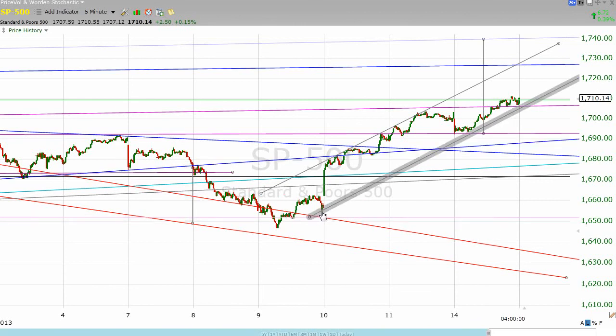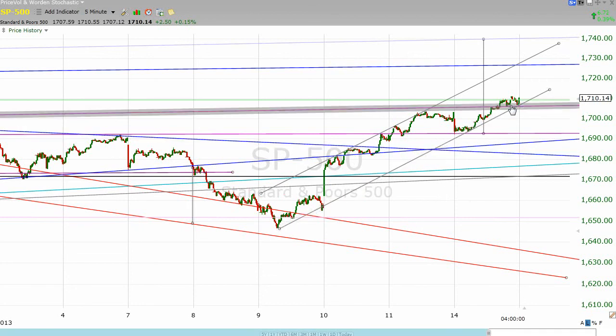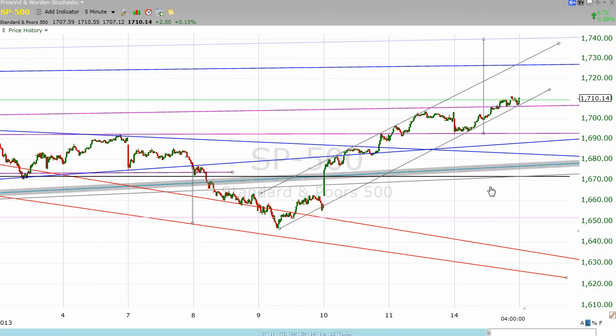Well, I had it set up with this end of the day low, but you can see very clearly here that if we move this just a tad to line up with our bottom back here on the 9th and let that fall underneath, it sure looks like this is the pitch that the market wants to take, at least for right now.